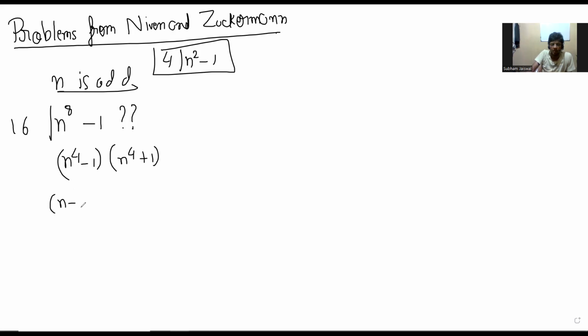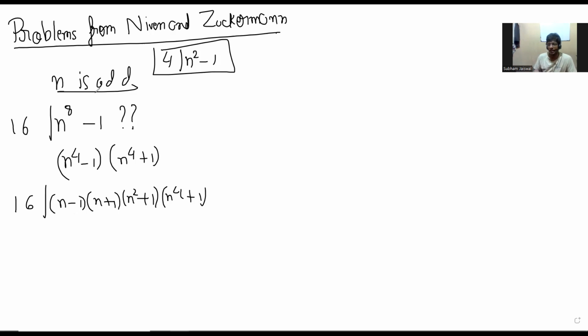Then we have n minus 1, n plus 1, n square plus 1. Is this divisible by 16? Can anybody tell? Both will be even, right? Because n is odd. Yeah, certainly both are even, but can we use that?